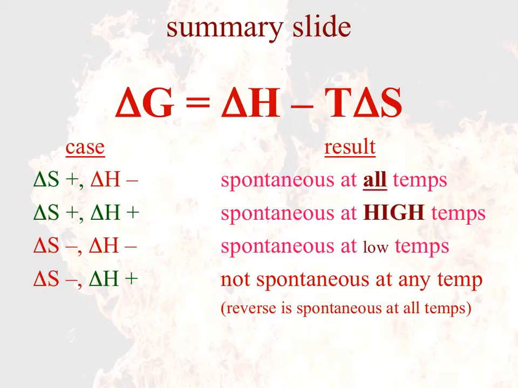Now, if I have a negative delta S and a positive delta H, these are both going to contribute positively to the delta G value, so you won't have a spontaneous process for the reaction you're looking at. However, the reverse process will be spontaneous.